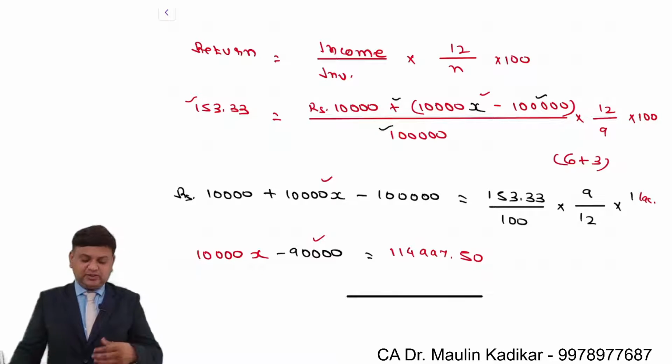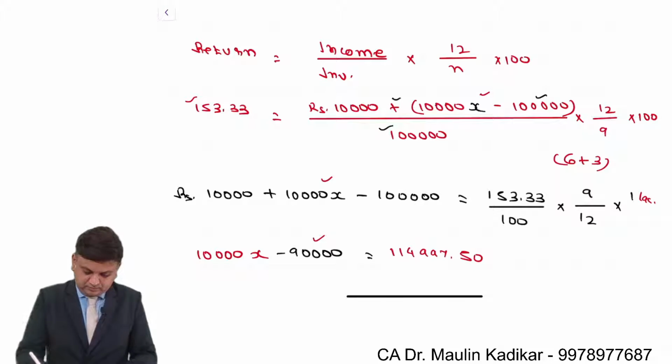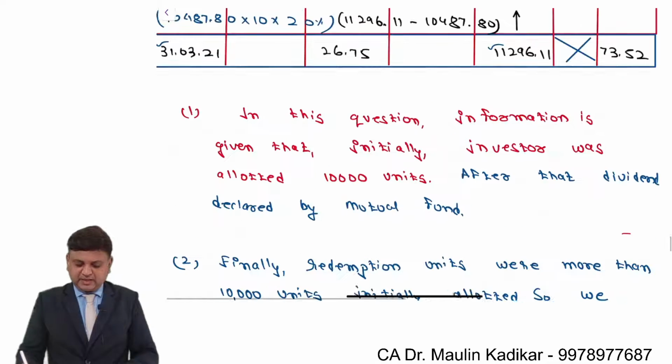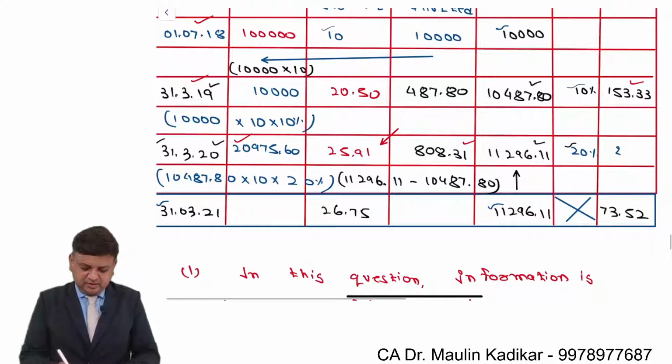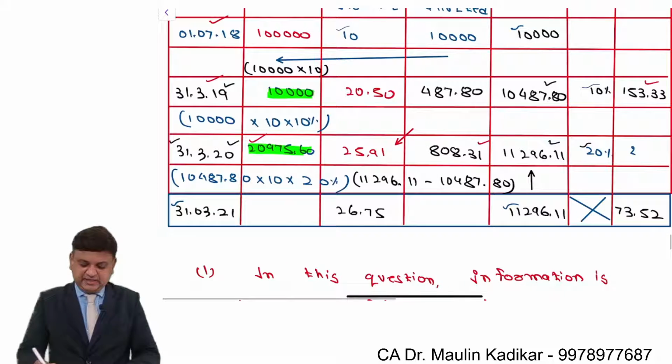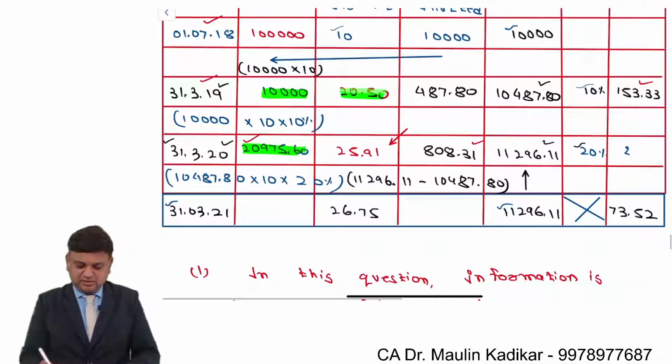The answer for that is very simple. The amount of the dividend which you have received on these two dates is basically reinvested. So when you make the reinvestment, at that time NAV was this much. Now this NAV is different.